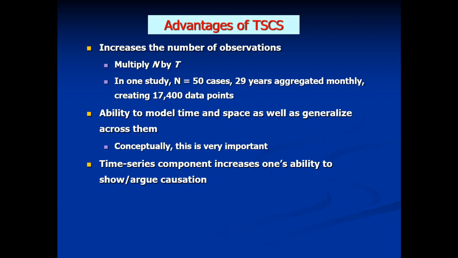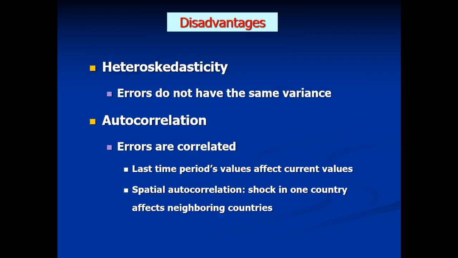It will be 50 into 29, that is 1,450. And the ability to model time and space. So if you are using time series cross section, that is panel data, you are able to model both the time as well as the space dimension, and conceptually this is very important. The time series component increases one's ability to show or argue causation.